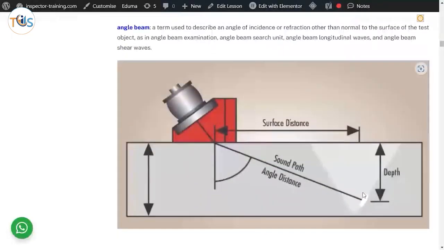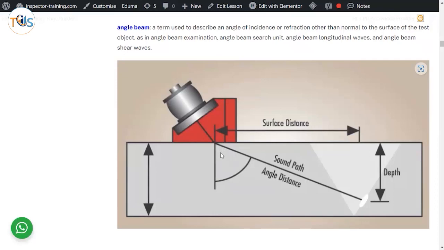Angle beam is a probe that is directed at an angle, so the wedge is actually designed so that when you put the probe on the wedge, the probe is at an angle and hits the material. In this case, this angle could be 45 degrees, 60 degrees, or 70 degrees.